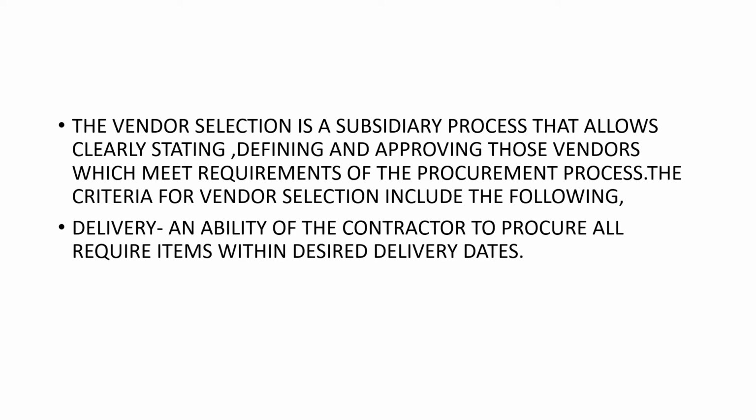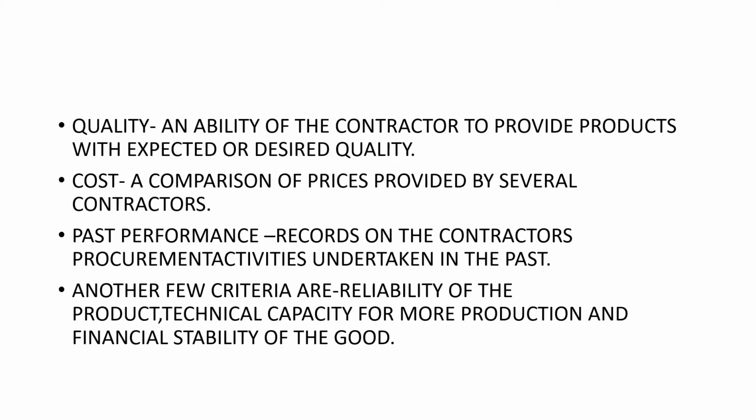The criteria for vendor selection include the following: delivery, the ability of the contractor to procure all required items within desired delivery dates; quality, the ability of the contractor to provide products with expected or desired quality; cost, a comparison of prices provided by several contractors; past performance, records on the contractor's procurement activities undertaken in the past.